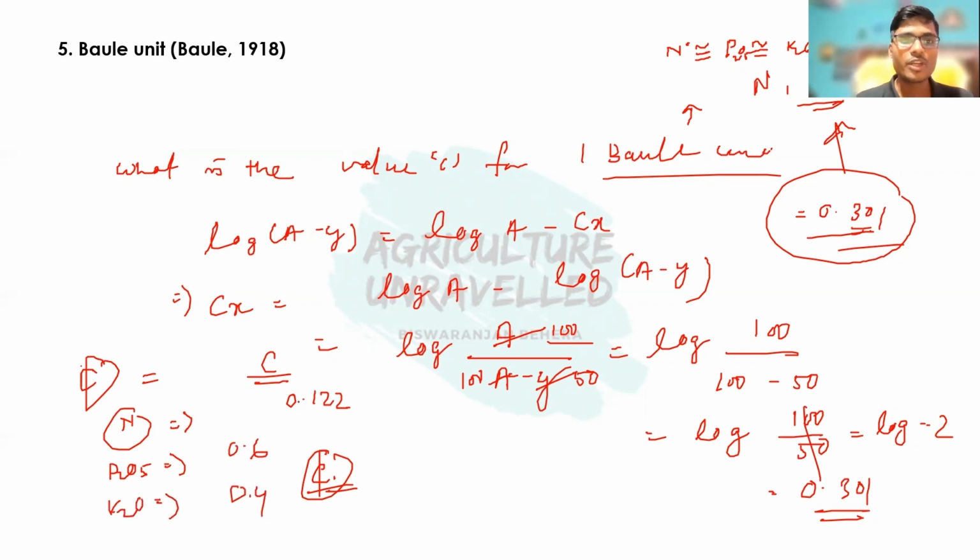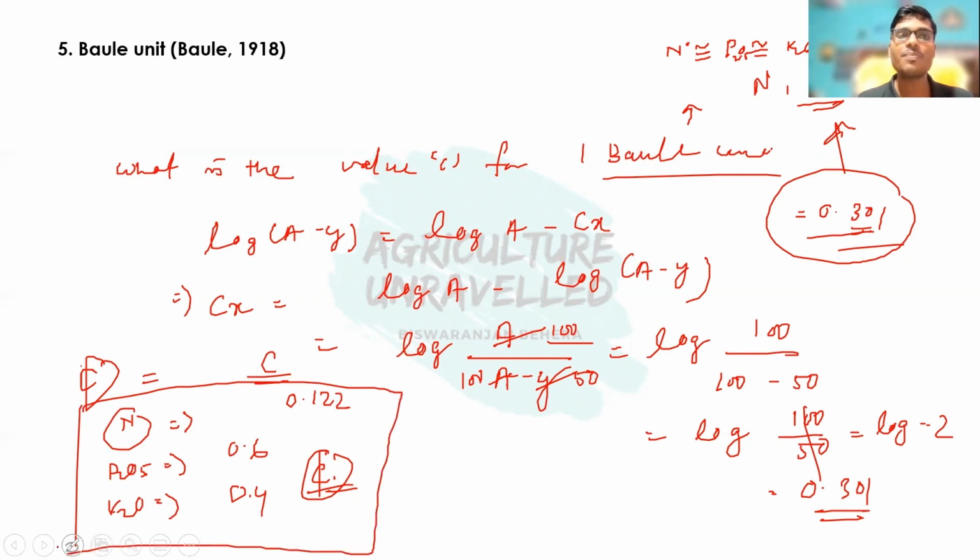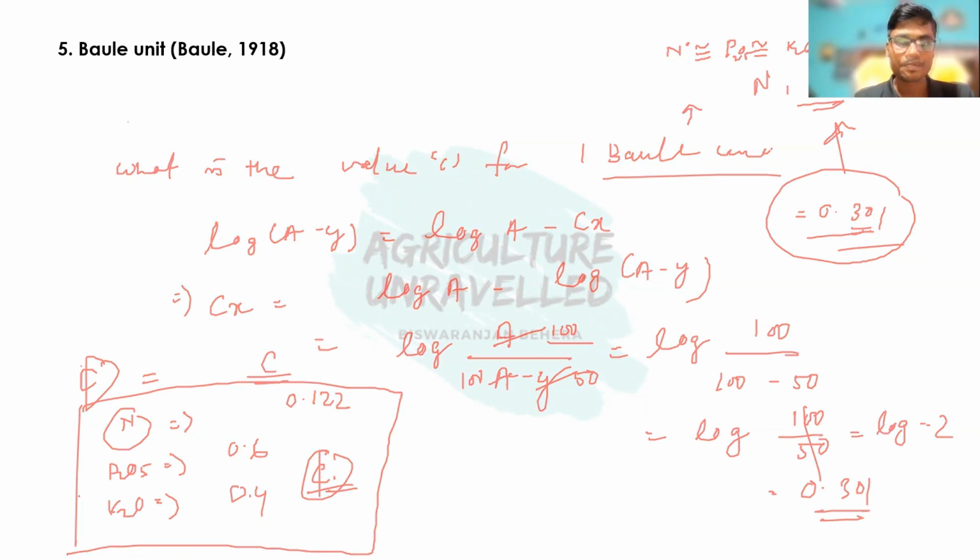These are the values of C for Mr. Lewis constant. So remember this thing, this is also a very good question, that is the value of C for nitrogen, for phosphorus, and for potassium under conventional unit. For Boule unit, for all nutrients, for all NPK, it is constant, that is 0.301. I hope the concept of Boule unit is clear till now. So till now we have discussed that one Boule unit will give us 50% yield increase.